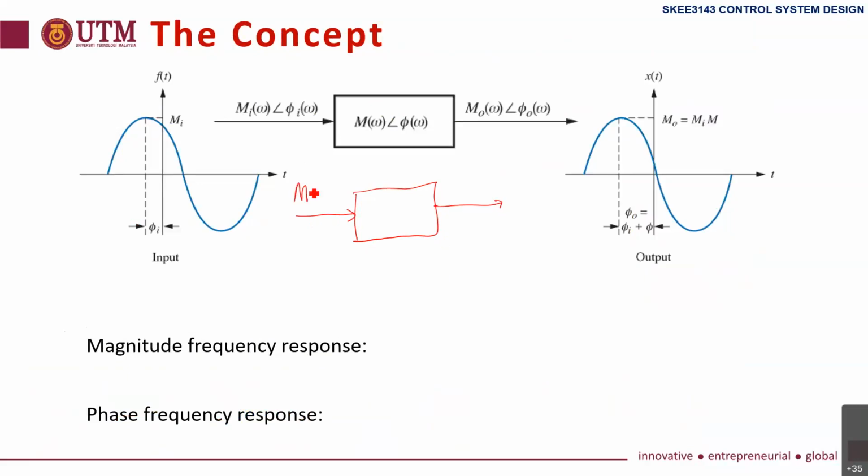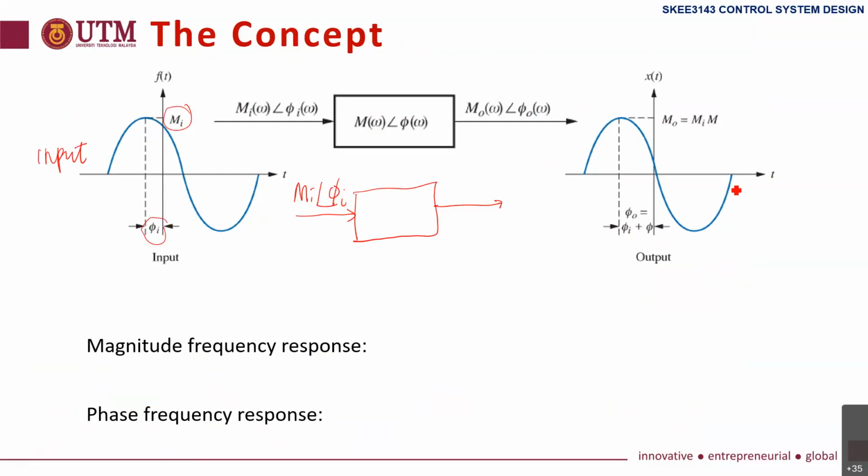The input is M_in, phi_in: a sinusoid with amplitude M_in and phase angle phi_in.